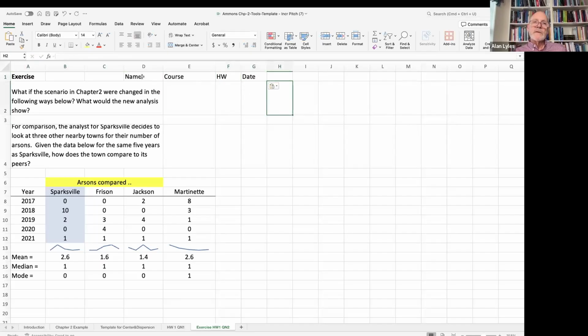There. So I want to basically put fingerprints on it. I'll highlight this. I want to have my name, course, the homework assignment, and the date.